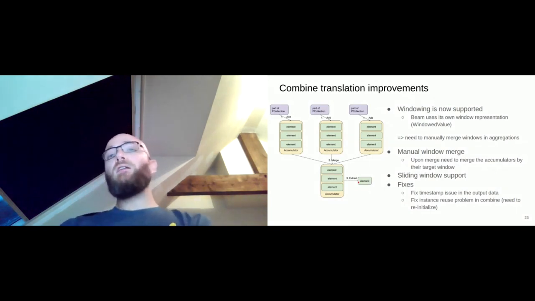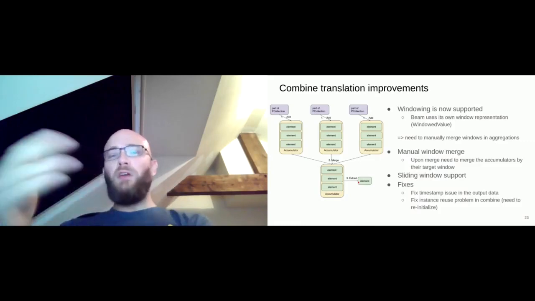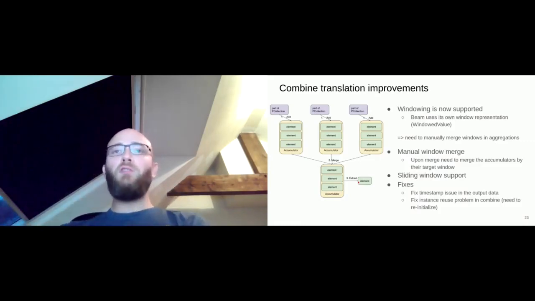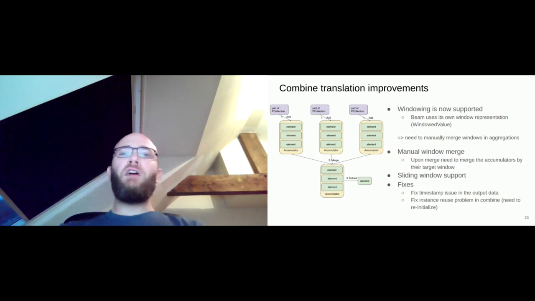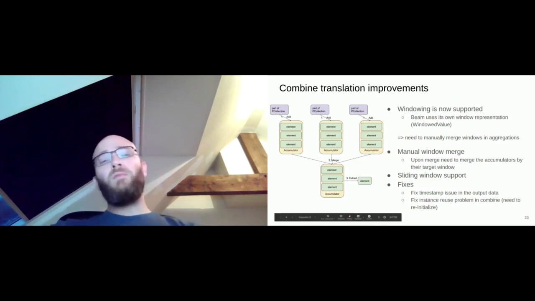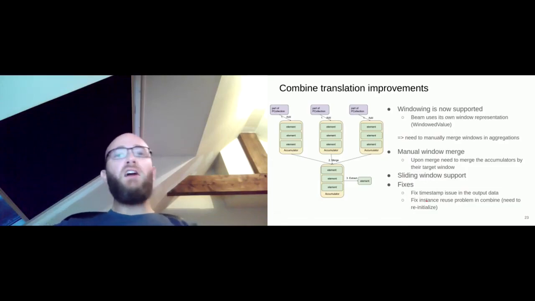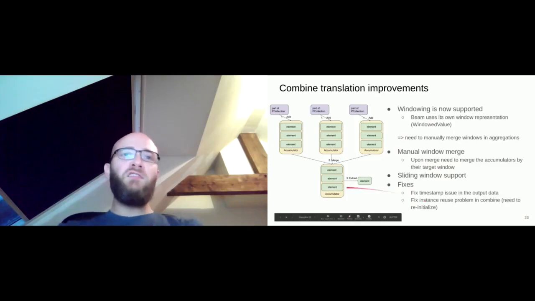It's important to know that we had a lot of work to deal with window merging. The sliding window type is also now supported, and there were minor fixes on timestamp and instance reuse. Instance reuse, because Beam tries to spare as little memory as possible, so it reuses instances of the accumulators, and we need proper reinitialization.